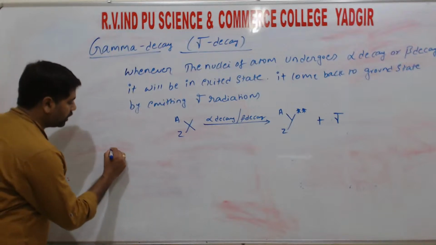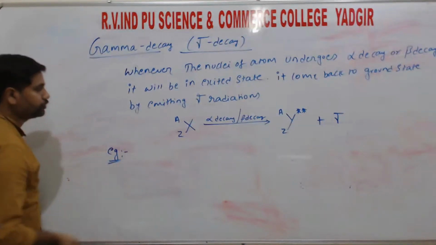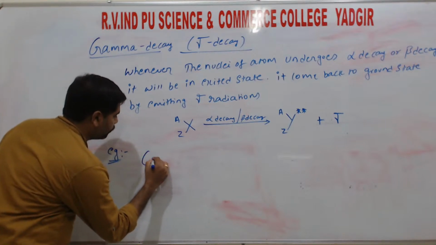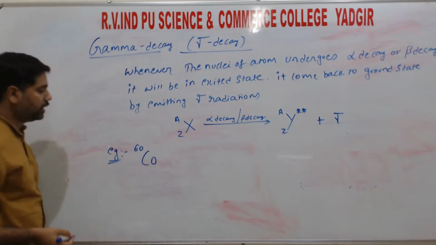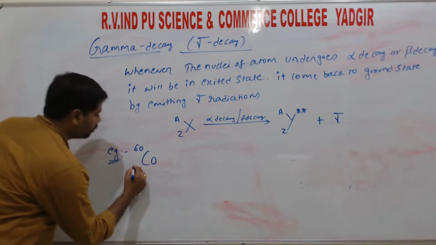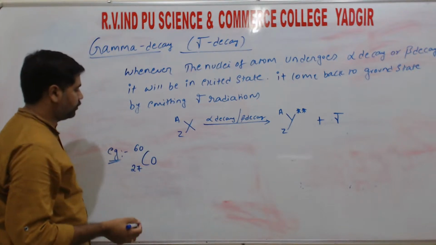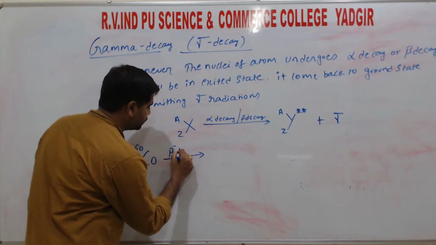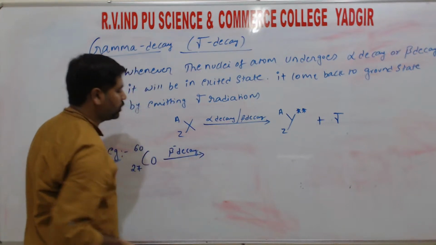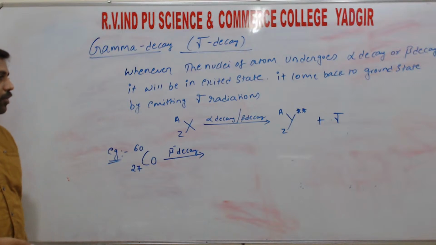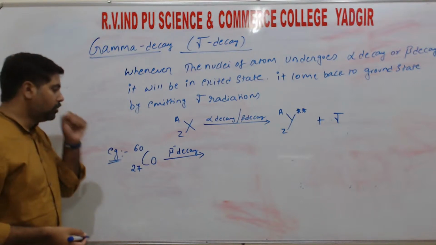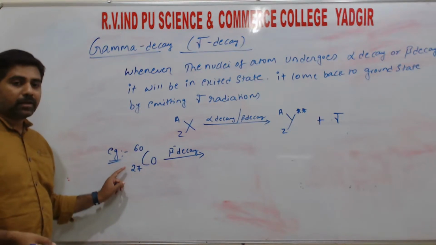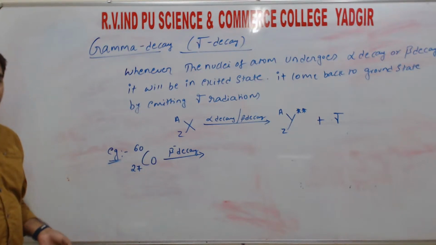So considering one example, that is cobalt 60 and it is 27, right? So when it undergoes beta minus decay, what happens? The atomic number increases by 1, right?